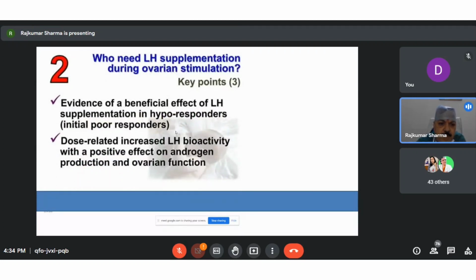So the third key point is that the evidence shows the beneficial effect of LH supplementation in the hyper-responders, which are initially grouped as poor responders, and it is a dose-related increase in LH bioactivity with a positive effect on the androgen production and the ovarian function.